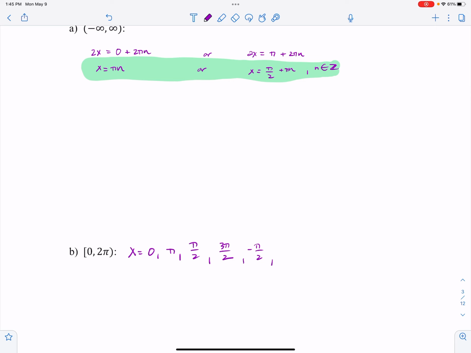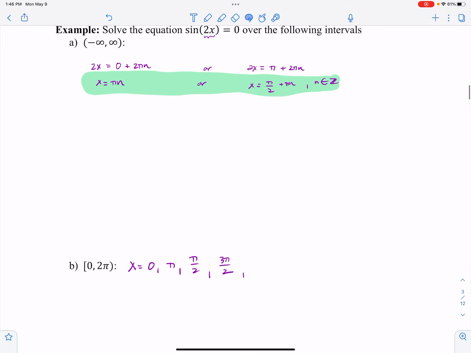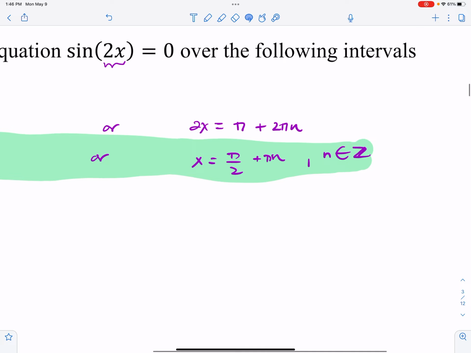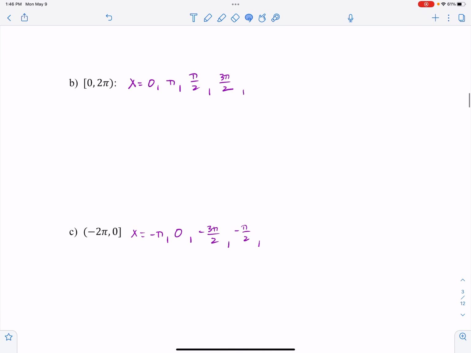And if we let n equal to 0, well, then we have gone too far. Oops, I meant to bring that down here. If we let n equal to 0, then we are outside of the interval. So those would be our solutions from -2 pi to 0.